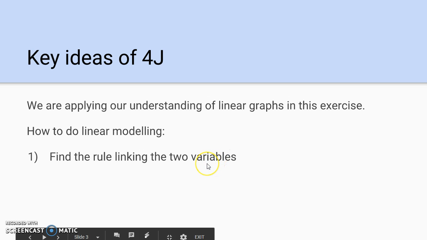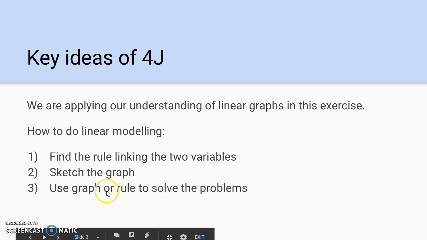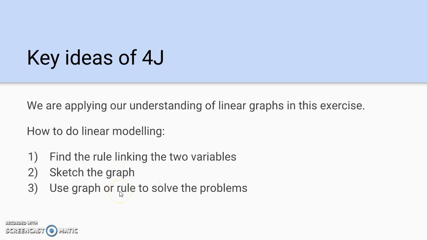This time you'll probably be using other letters. You're then going to sketch the graph using what we've studied so far in chapter 4. And then you can use the graph or the rule to solve the problems that are given. I'll give you time to copy this down by pausing the video.